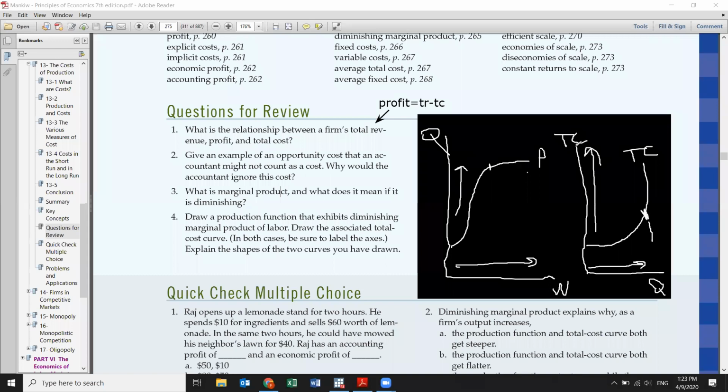The only thing that will change is the total cost and the workers, because as you increase the workers, you have to pay more wages to them. That may increase the total cost. So this is the relationship between these two variables, the production function and the total cost.